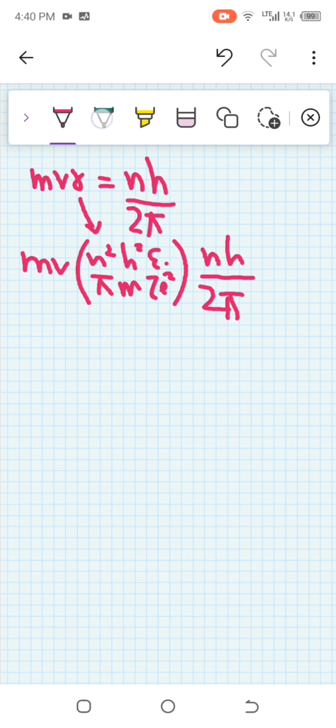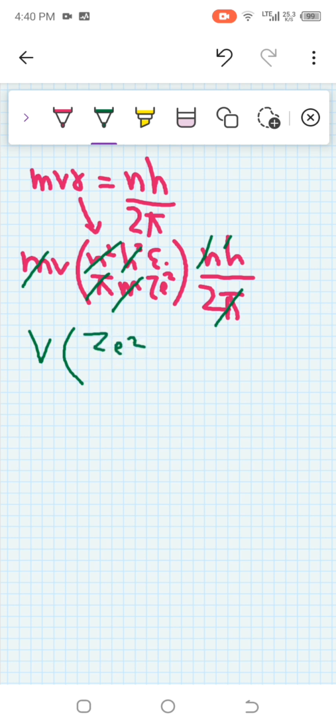Now let's cancel the values: m is cancelled, π is cancelled, n and h are cancelled. What remains is v equal to Z e² upon 2 ε₀ h n. This value went upper and this value comes downstairs.